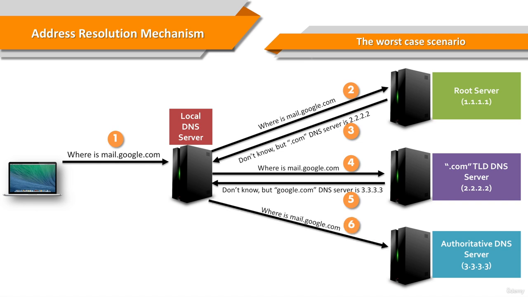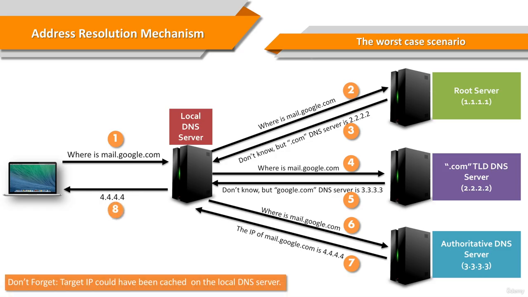So this is the final step of address resolution. The recursive resolver sends the query to the domain's name server. This DNS server knows the IP address for the full domain, mail.google.com, and that answer is returned to the recursive resolver.